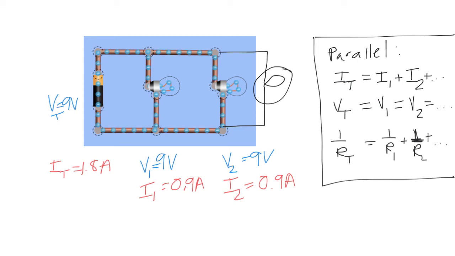And then in questions 5 and 6, you're going to build a completely different circuit with resistors instead of light bulbs, and use these laws to predict what the different currents and voltages and resistances are, and then you will check it by building it.